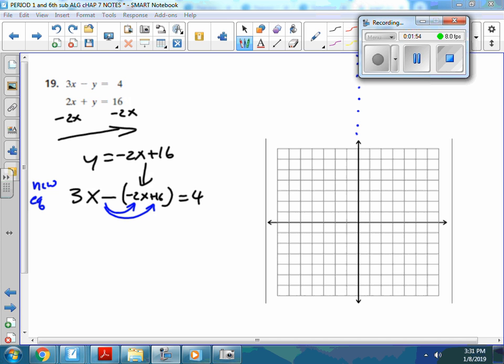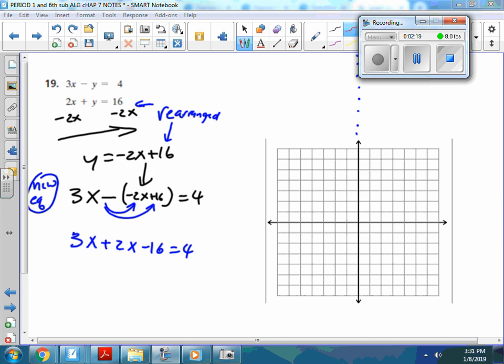Okay, so we rearrange this equation. Now we're going to create a new equation here using the first equation. So this turns into 3x plus 2x minus 16 equals 4. Be careful with this.